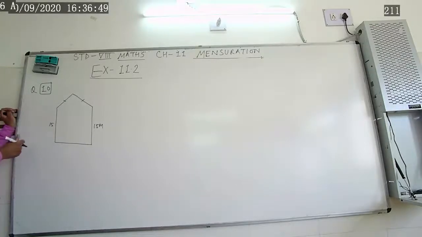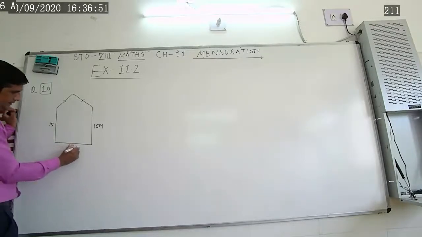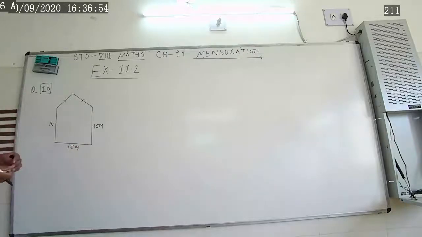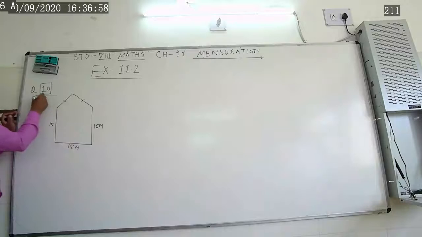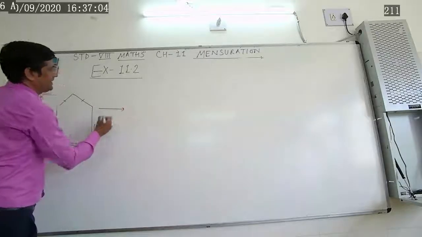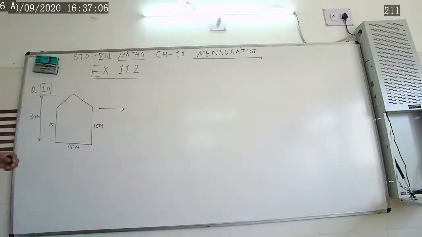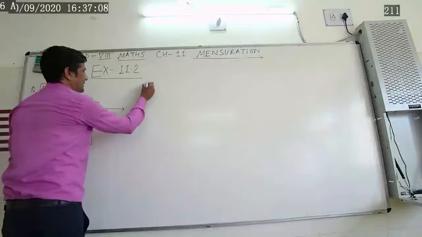This again 15, this again 15 meter. Now this whole diagram gives me the height as 30 meter. Now this has been divided into two parts as Jyoti diagram and Kavita diagram.